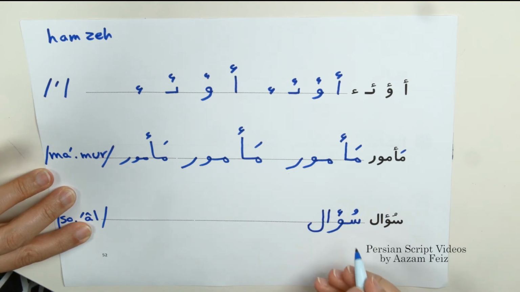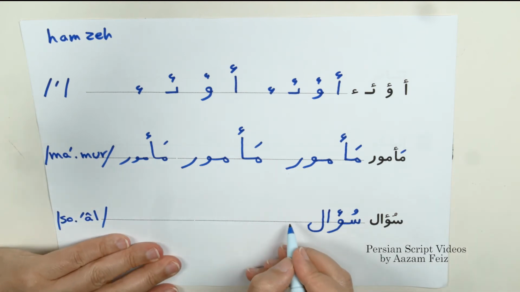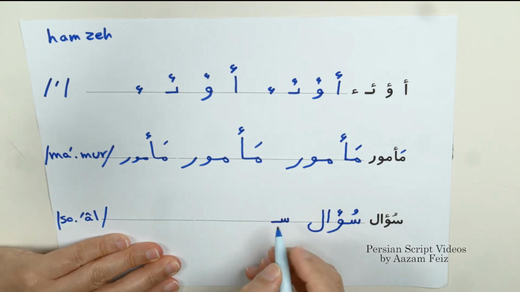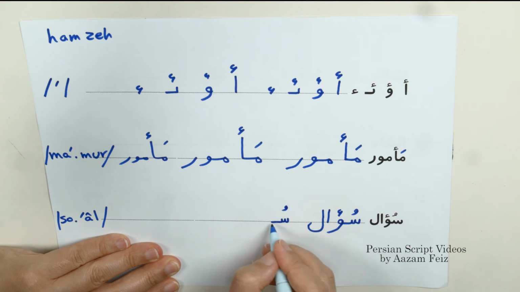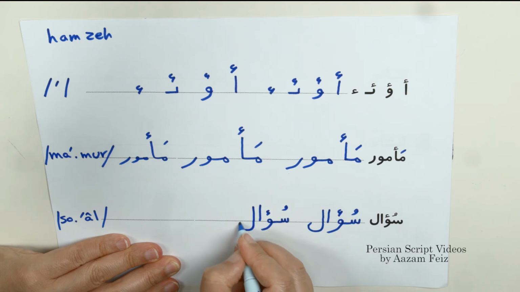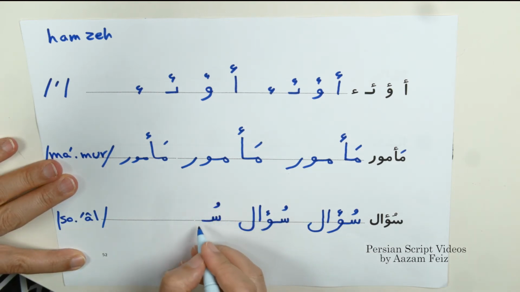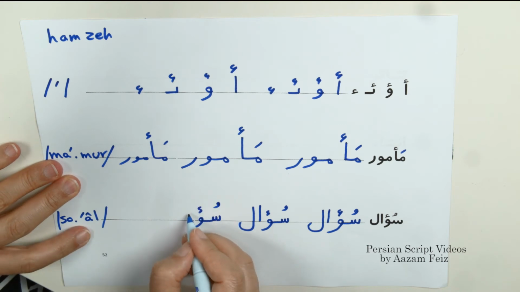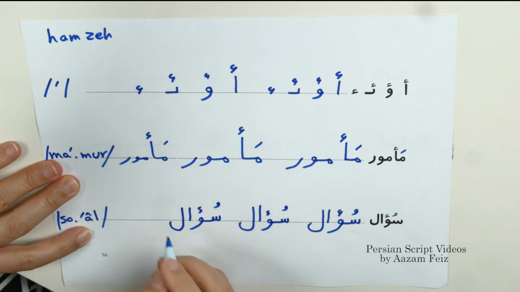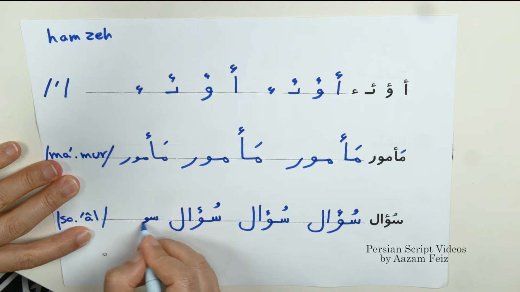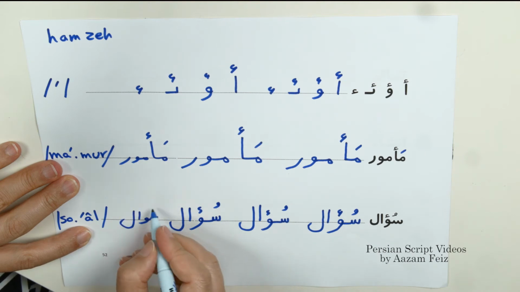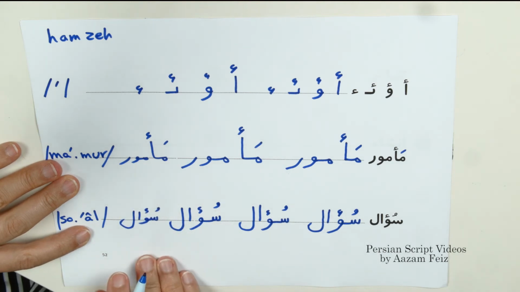I know it is tricky for you, but you can practice and learn these few exceptional words. So I have s, o, and then hamzeh, a, l, soal.